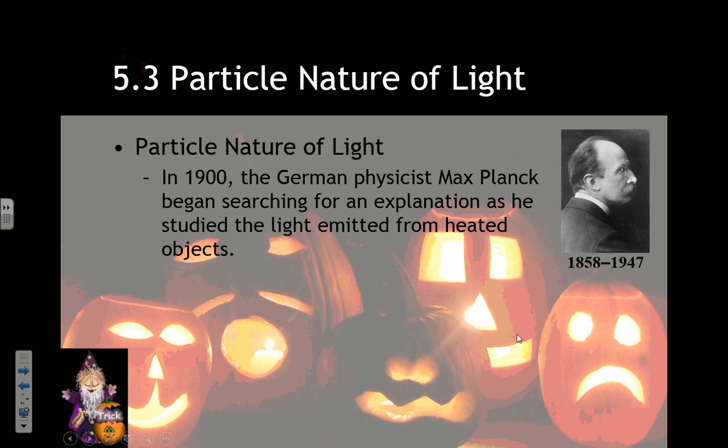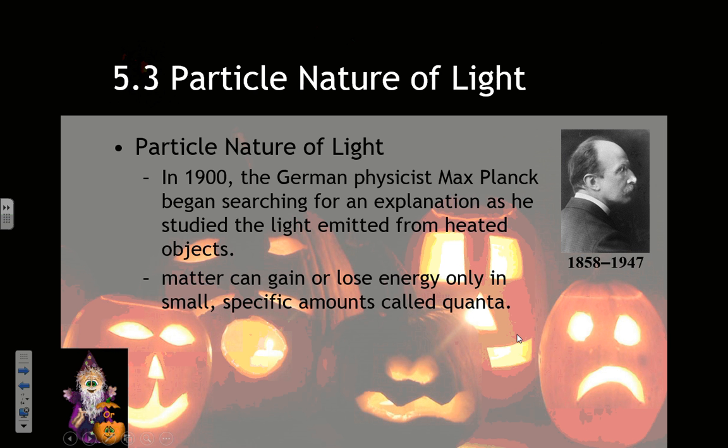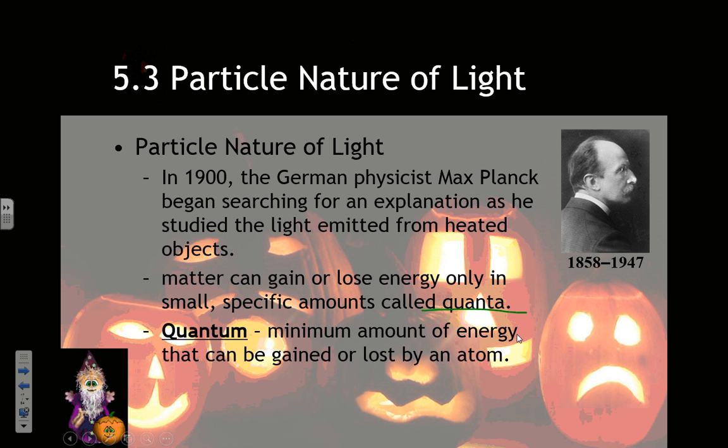So in 1900, Max Planck began searching for an explanation when he was studying the light emitted from heated objects. And he found that matter could gain or lose energy only in small, specific amounts. So specific quantities, he called that a quanta. So a quantum or a quanta is a specific quantity of energy. So quantum is the minimum amount of energy that can be gained or lost by an atom in these cases where it's gaining and losing energy.